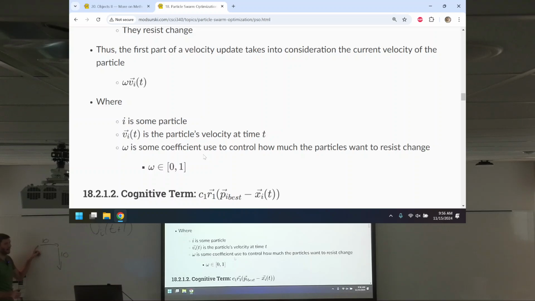If my inertia is 0, after the time step my velocity won't be that anymore, it'll be that. But if my inertia is 1, after that time step, my velocity is that.